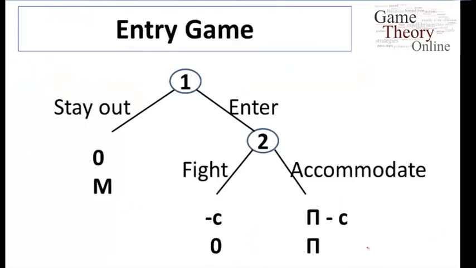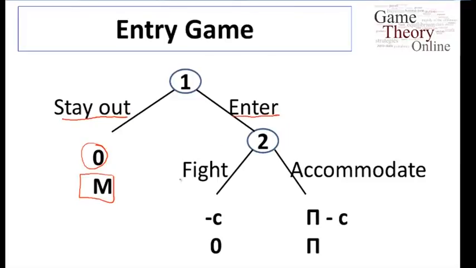Okay, so let's look at a simple version of this in the extensive form. So think of firm one as the new firm. They make a decision. They either decide to stay out of the market. If they stay out of the market, they get nothing, and the monopolist earns the monopoly profits. If firm one decides to enter, then firm two has a choice.